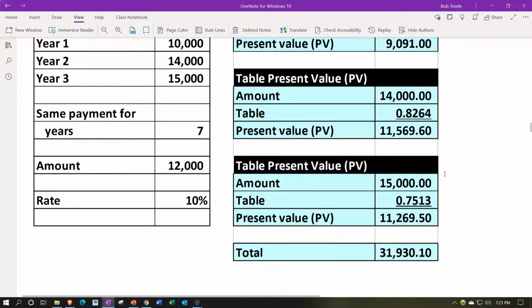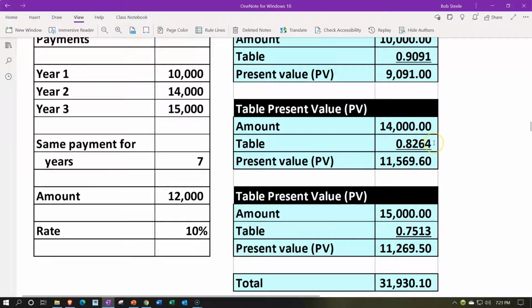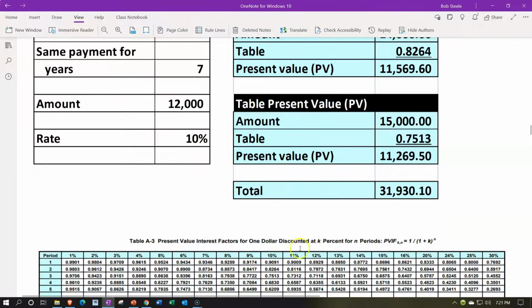Then we've got the 14,000. That would be the 10% and 2, 0.8264. The 14,000 times the 0.8264 gives us 11,569.60. Finally, we have the 15,000 3 years out. So 10% and 3, 0.7513. 0.7513 times 15,000 gives us 11,269.50.